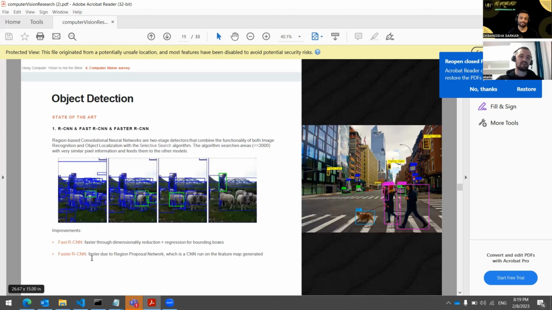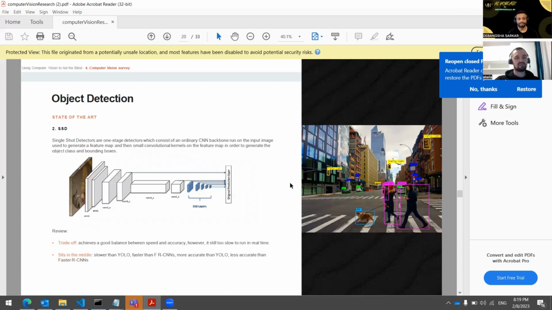And for faster RCNNs, there's a new algorithm which is called the region proposal network, and that essentially means that we also run a really simple CNN, like a two-layer CNN, on the feature map which is generated. Feature map, as I mentioned before. That's the fundamental difference, I would say.